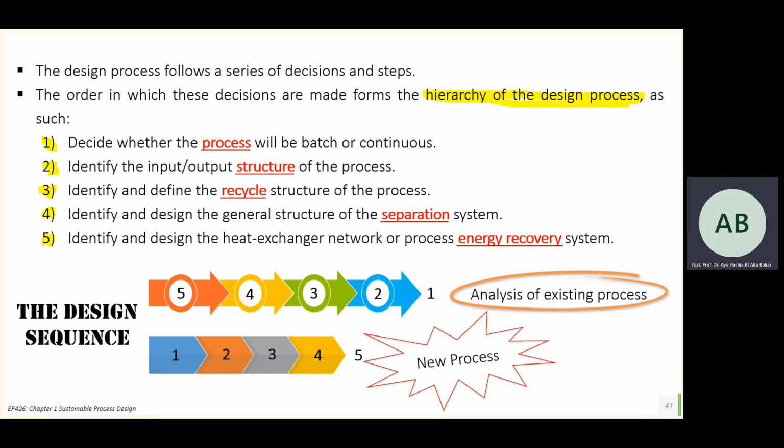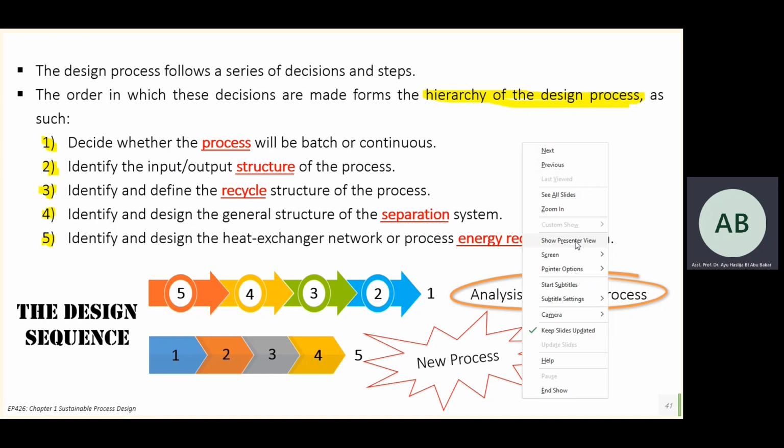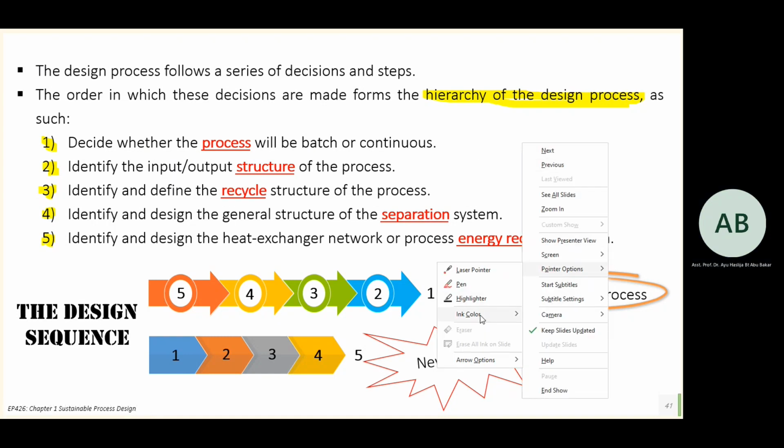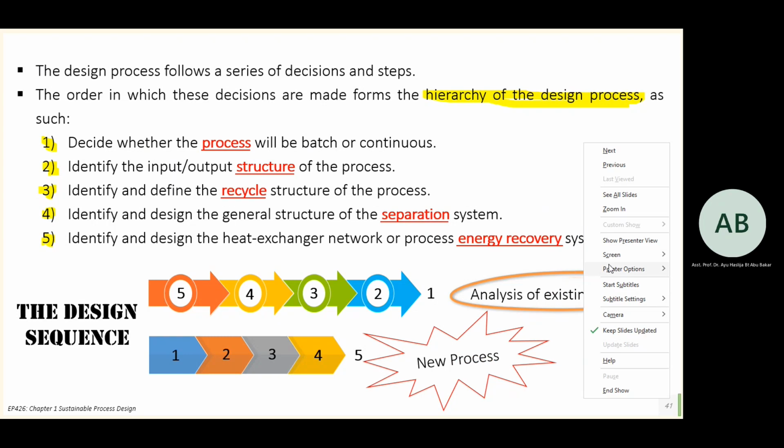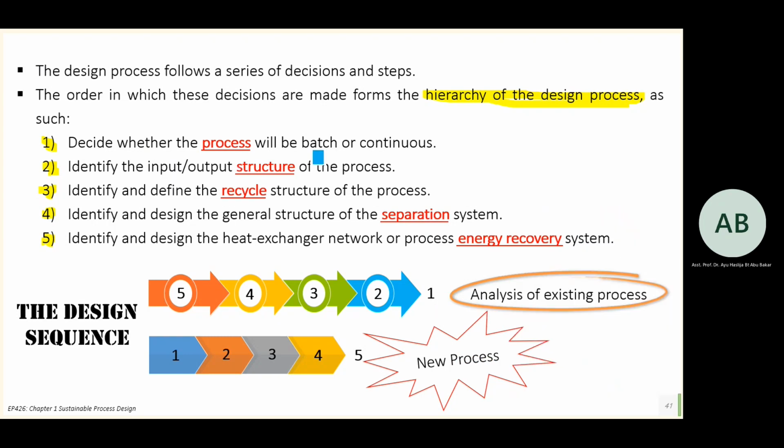To refresh, the 5 design sequence would be first to decide whether the process will be in batch or continuous. Then after you decide whether your process is batch or continuous, you should identify the input and output structure of the process.